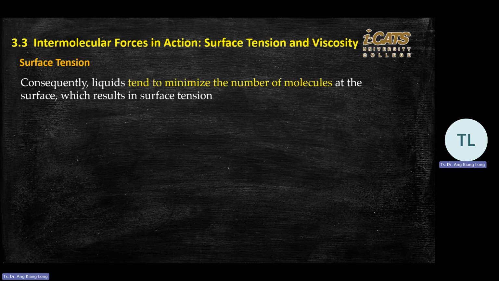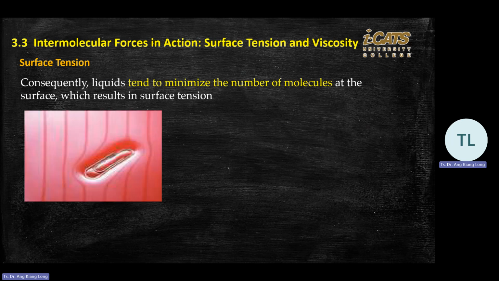To explain what is surface tension, you explain through the behavior of liquid, what the liquid tends to do. To explain the surface tension, the liquid tends to minimize the number of molecules at the surface. That will create surface tension.